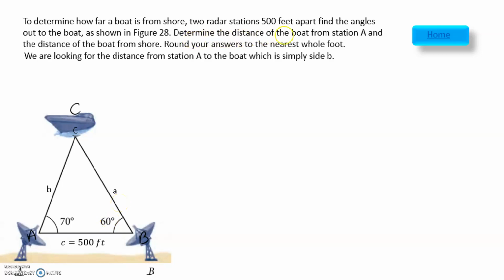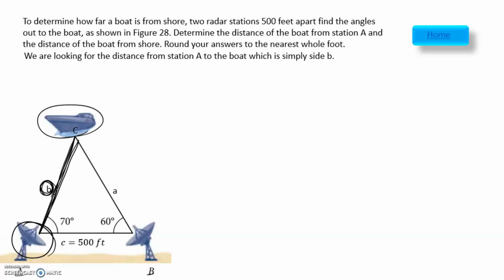We want to determine the distance of the boat from station A. Okay, so from the boat to station A, so from here to here, because that's station A. So really what we're trying to look for is this distance right here, which is the same thing as saying, okay, find side B. So that's what we're looking for.